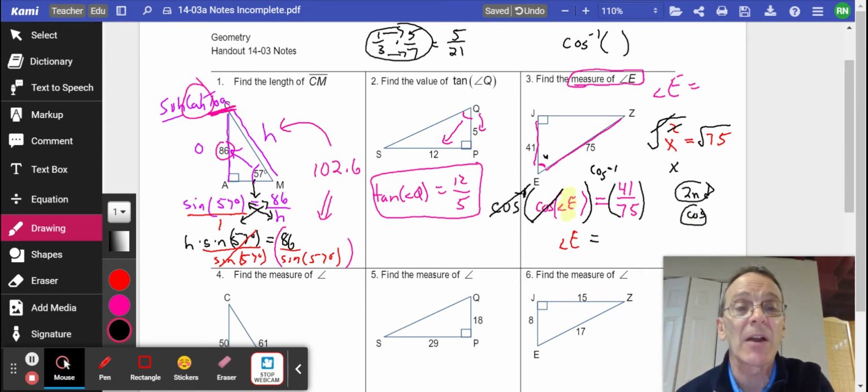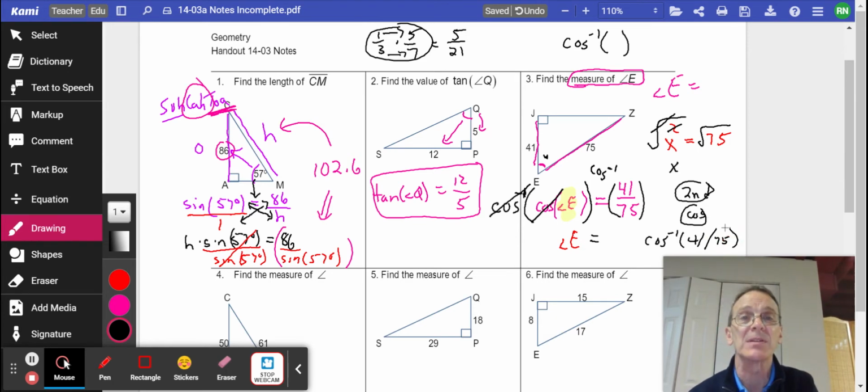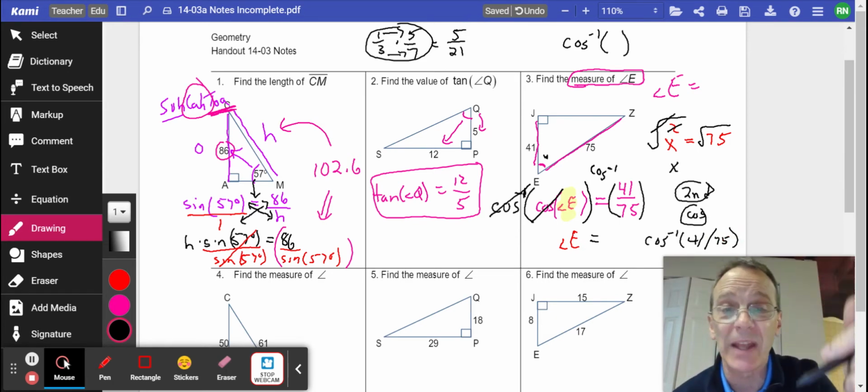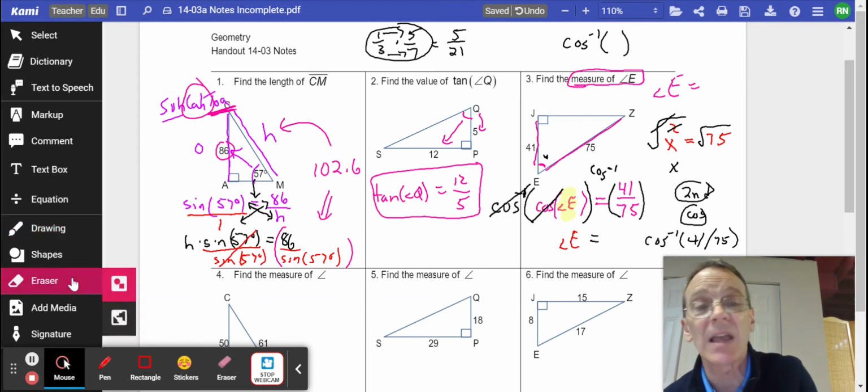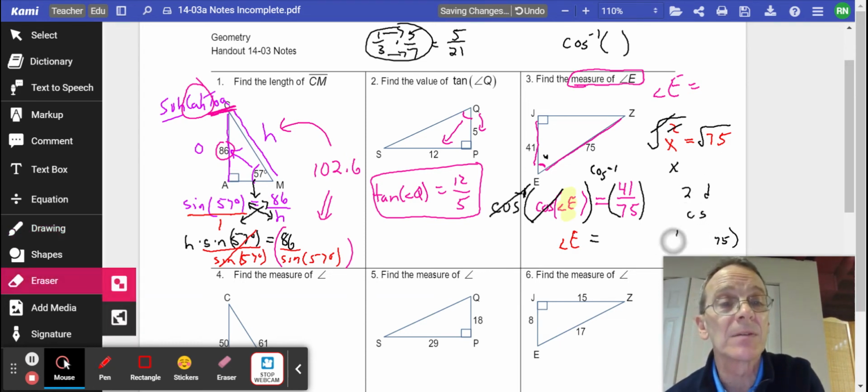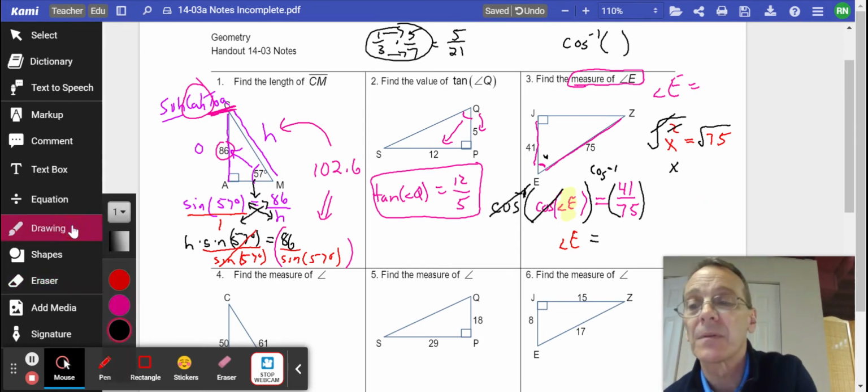And then once the calculator puts cosine inverse on the screen for you, type in 41 divided by 75 and close the parentheses, and the calculator will spit out the value of cosine inverse of 41/75. And in this case, what it spits out for you is 56.8.